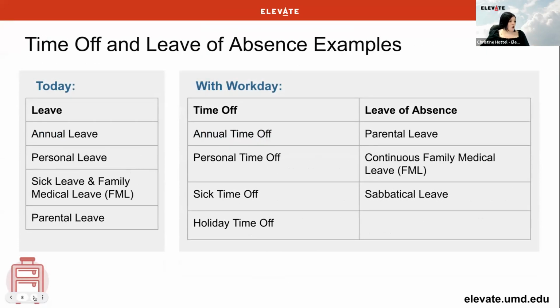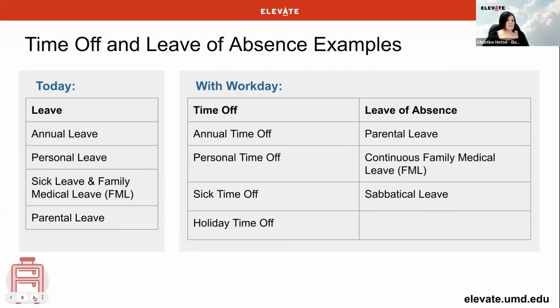Here in this chart are some examples of the leave types we have today and which absence category they fall into in Workday. You'll see leaves such as annual, sick, personal, holiday time off. Those are considered time offs.